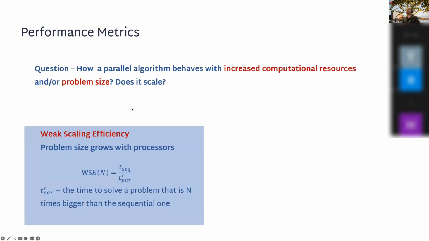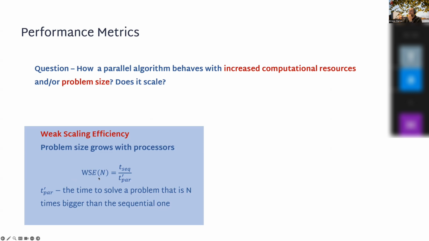The first scalability criterion is called weak scaling efficiency. In the weak scaling efficiency, what you do is the following. You increase the problem size proportional to the number of processors, right? And then you compute it using this equation.